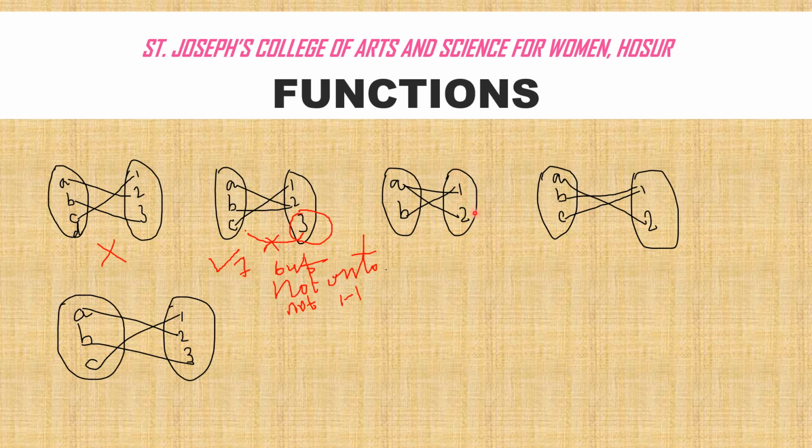This is the question. So always the domain should be well-defined. Well-defined means we should be able to give the answer as either true or false in discrete mathematics. But here A takes 1 and also it takes 2. So we are not able to define it properly. Hence, this is not a function.